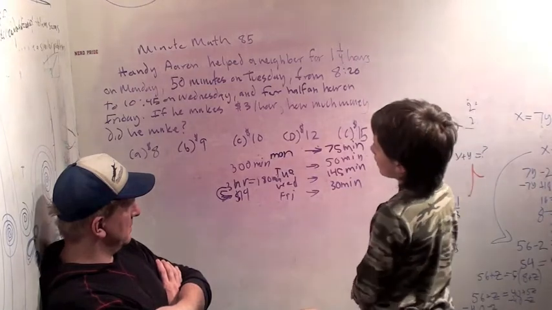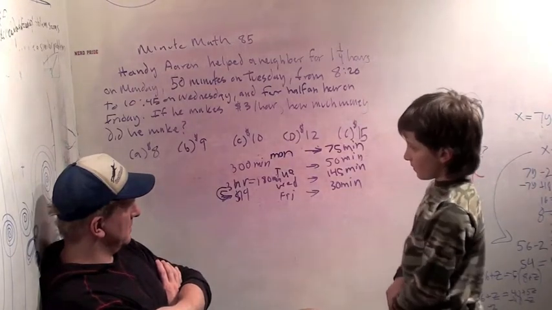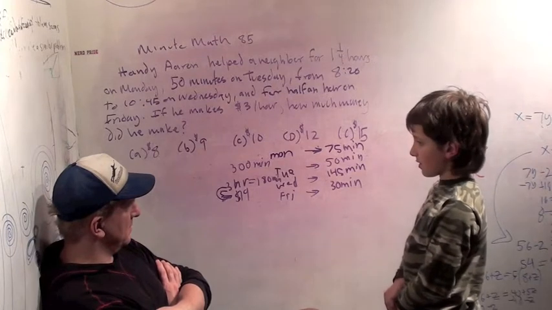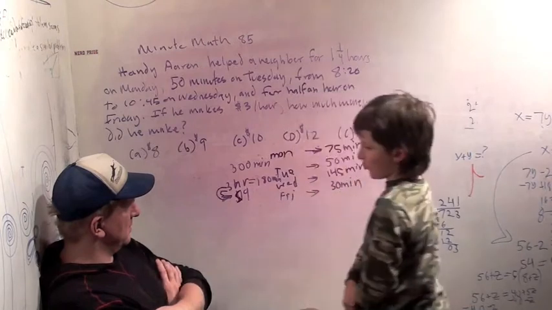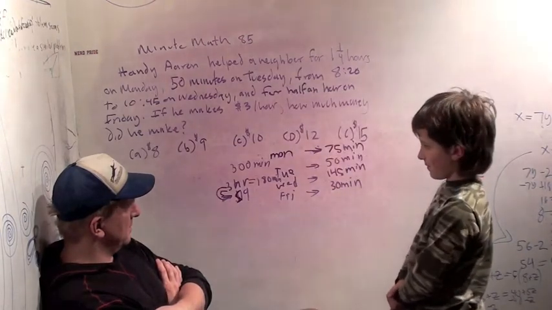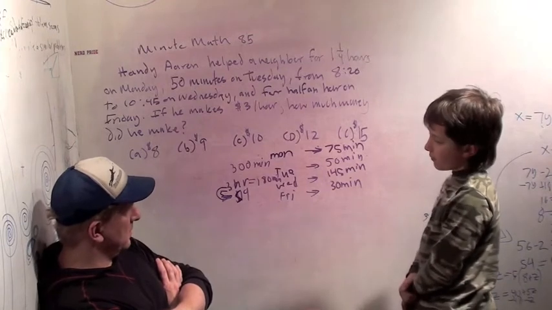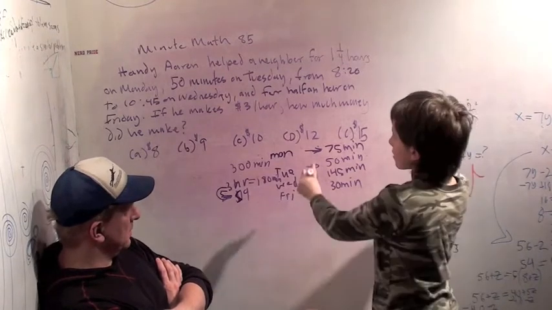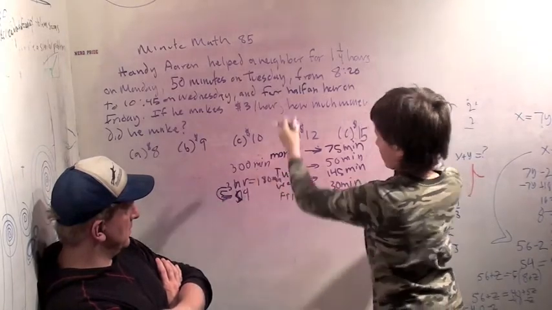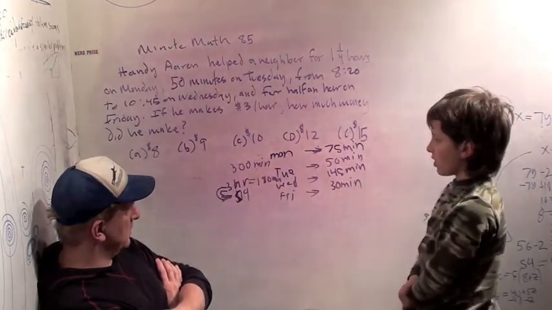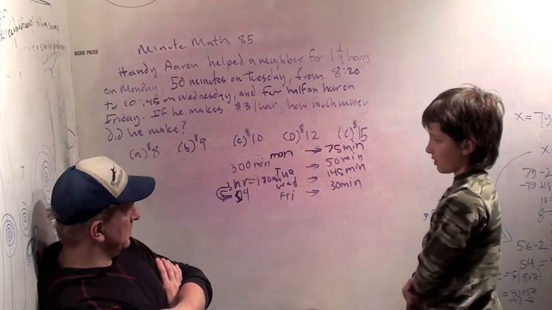And then 20 minutes is 1/3 of an hour, which means he makes $1. Okay, I'm kind of lost at what you're doing now. I'm doing 300 minutes, splitting it into 3 hours and the extra 20. No, wait. It's 120 minutes.